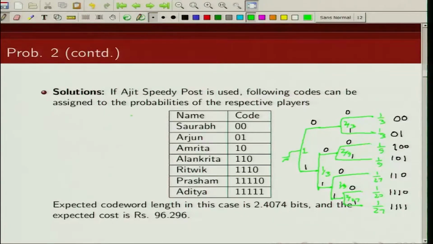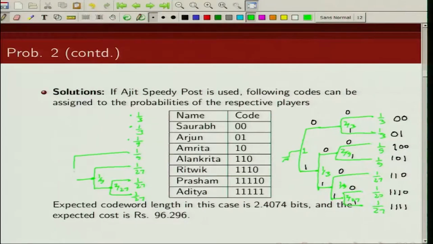Let's try doing the same thing in another way. So we have these two codes with probability 1/3, two nodes with probability 1 by 9, and then we have 3 nodes with probability 1 by 27. I start off with these two nodes and make a new node which has probability 2 by 27, then I combine these two, I get a new node which has probability 1 by 9.